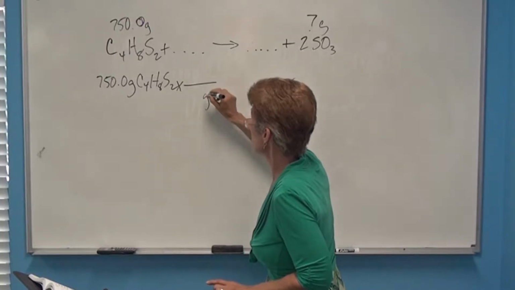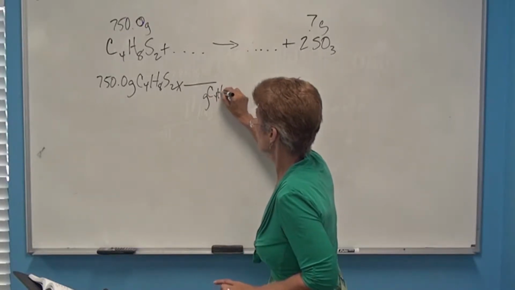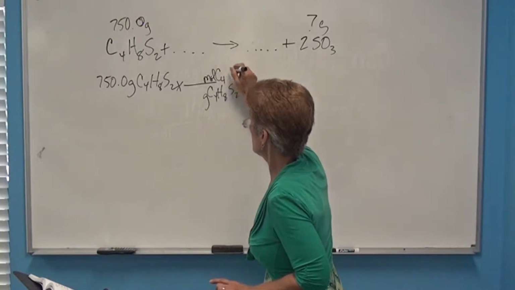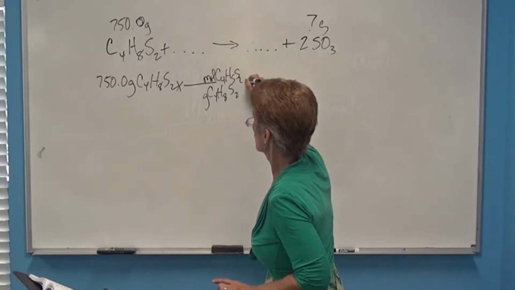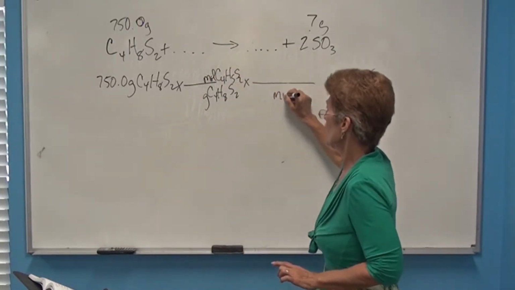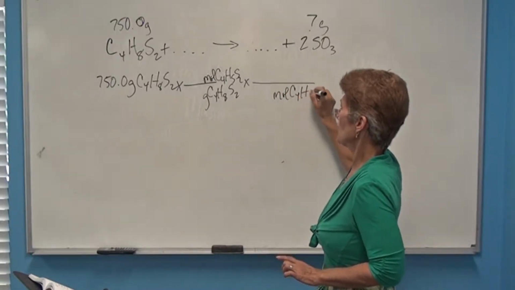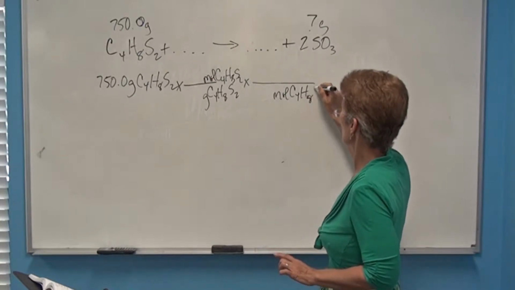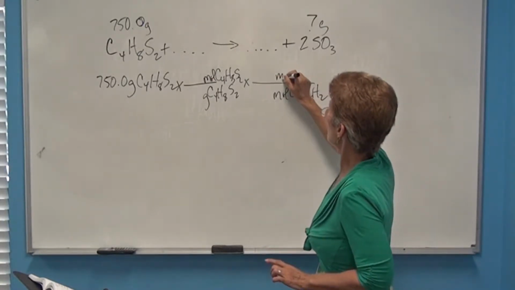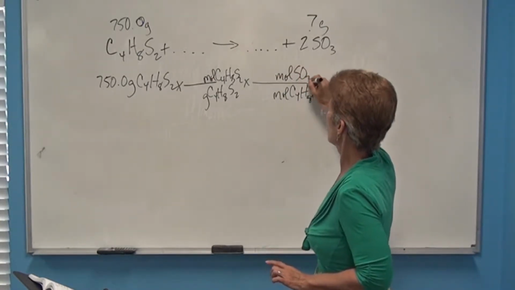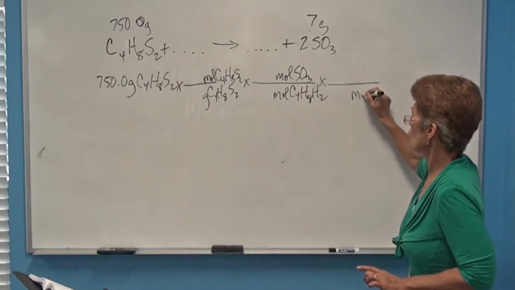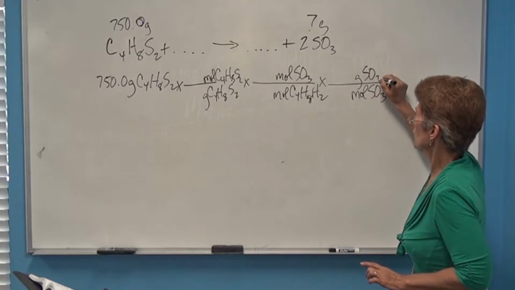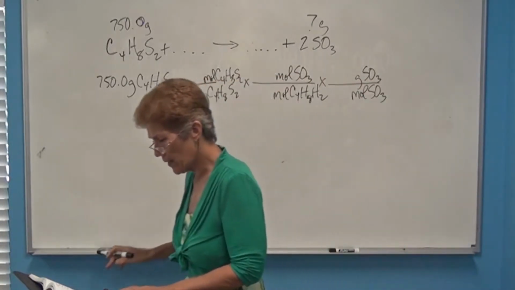And we have grams of that, moles of that same thing, times line. We have the moles of that, to the moles of this. Then we can go from the moles of that to the grams of the sulfur trioxide.